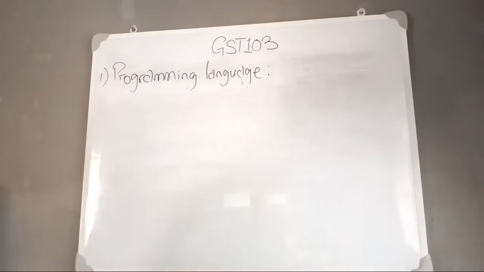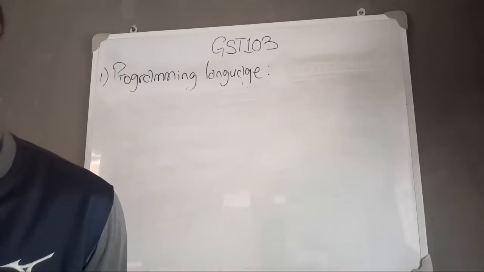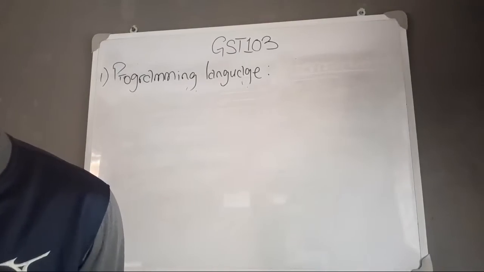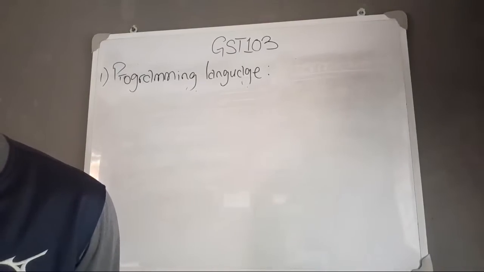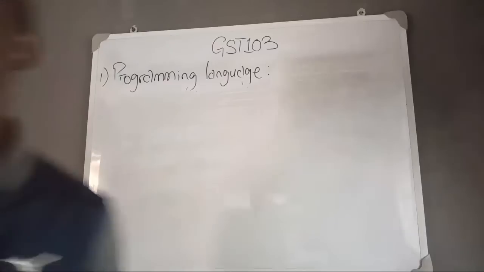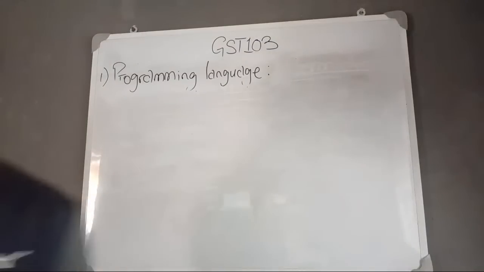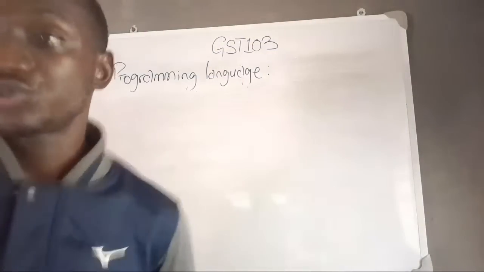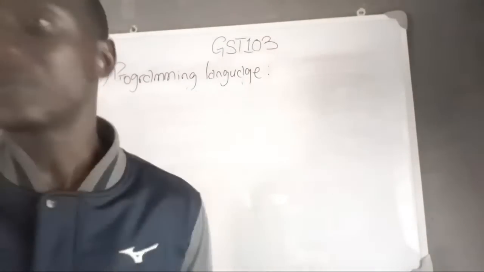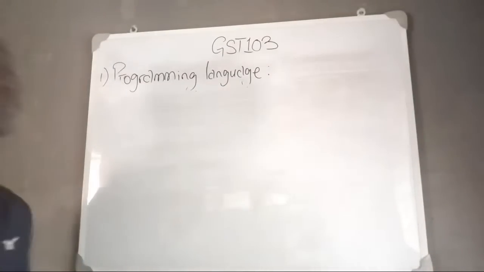All right, so we then move to the next one. It says here, there are basic four types of instructions. Still talking about computer programming, there are four types of instruction.